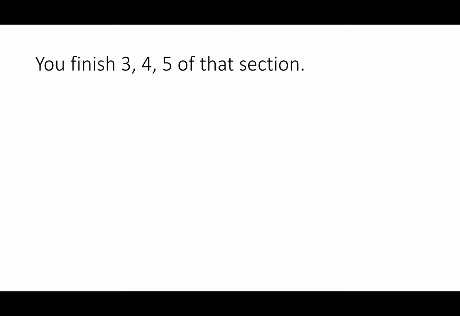All right, so you have finished 3, 4, and 5 of that next section. The correct answer for number 3 is going to be 19.9 moles of phosphorus. The correct answer to number 4 is 4.515 times 10 to the 23rd atoms of zinc.